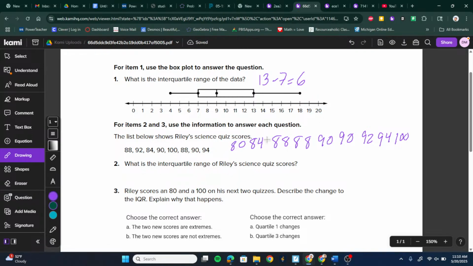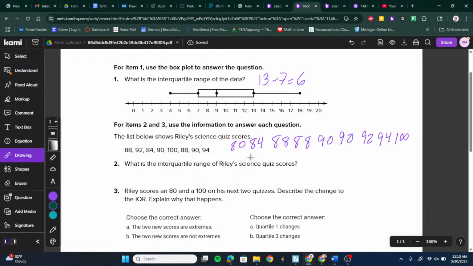So 1, 2, 3, 4, 5, 6, 7, 8, 9. That means that our middle value, 1, 2, 3, 4, 5, 6, 7. I've got an extra number.